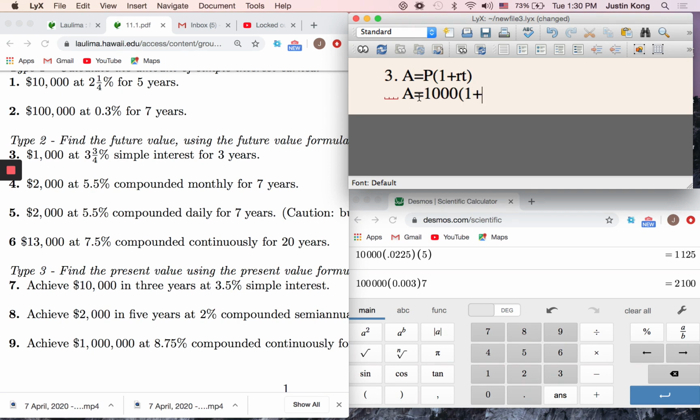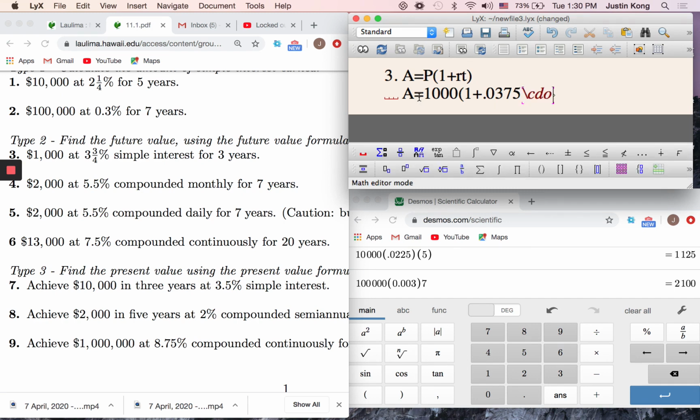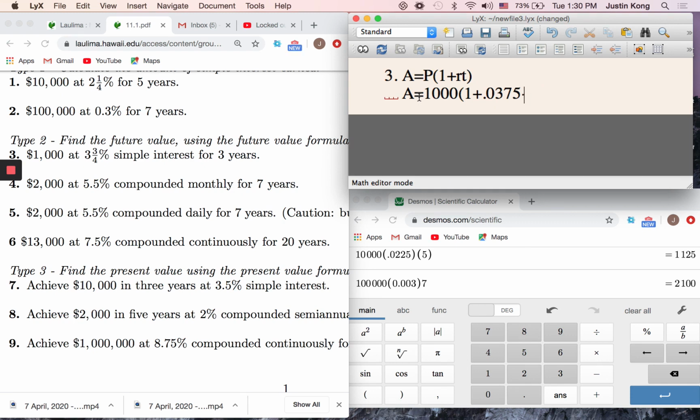And the rate is 3.75%. So that's 0.0375 as a decimal. Multiplied by 3 years. 3 years right there. Right, so this is a time. So let me write it like this actually. Times like that.